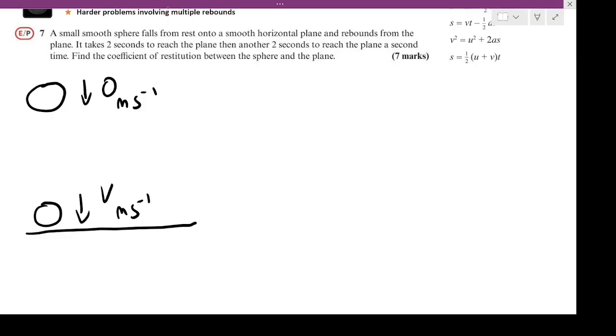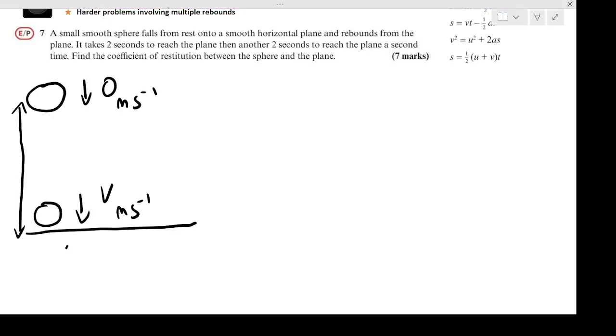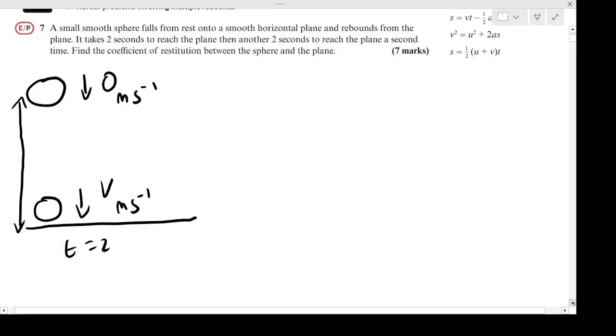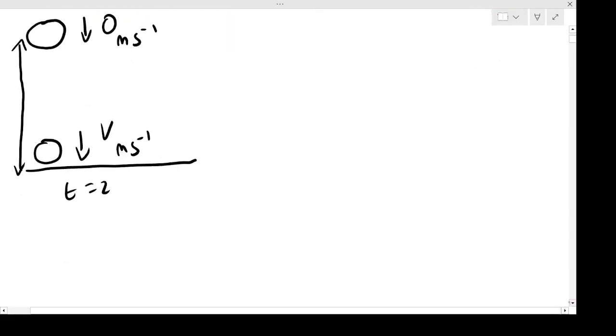I'm not told the height here, the distance it falls, but what I am told is that it takes 2 seconds to reach the floor. So I know that the time is 2 here. Now I don't know the distance, but I know time. And also lastly, the acceleration, of course, is 9.8 downwards.